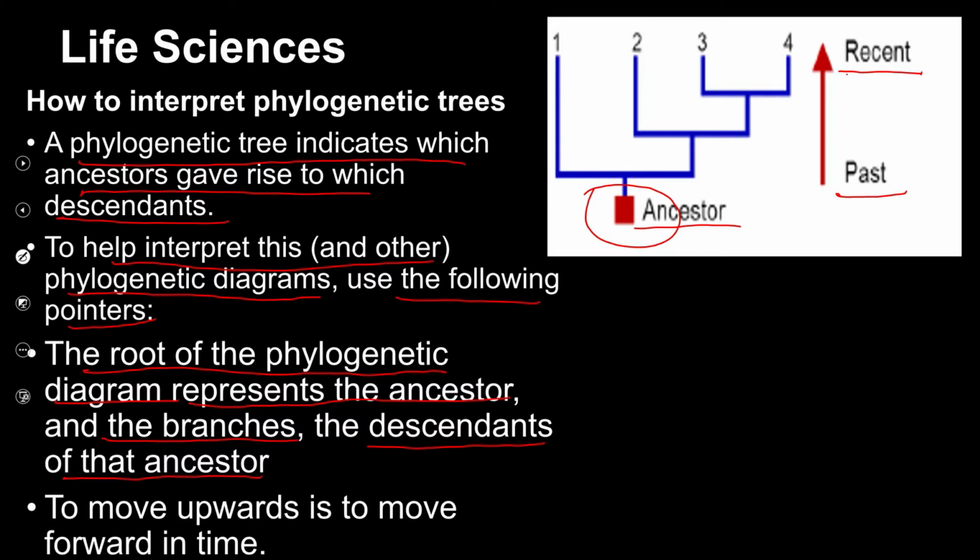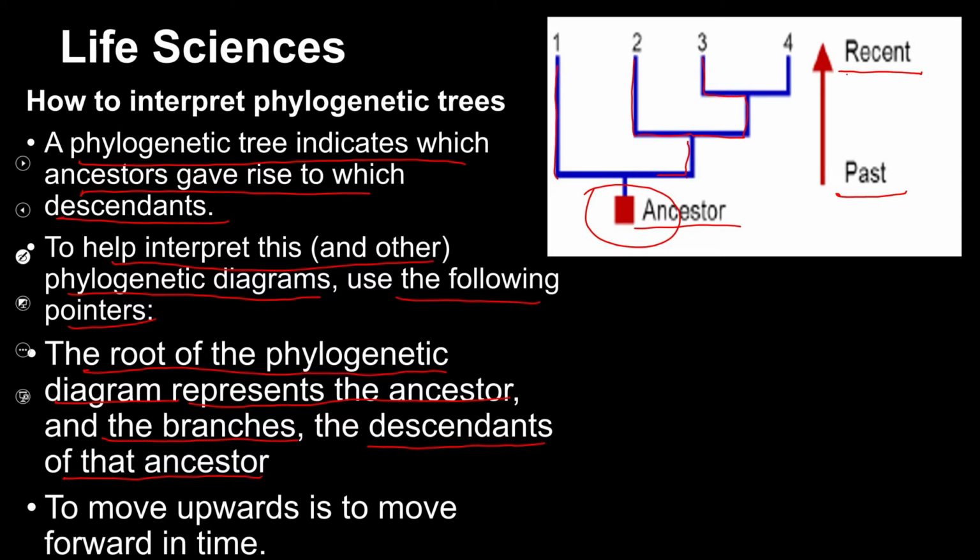So as we have a look here, we see the ancestor and the tree branches out over here, and it gives rise to two new descendants. And these descendants then, further speciation can take place, and we have more descendants forming each time.